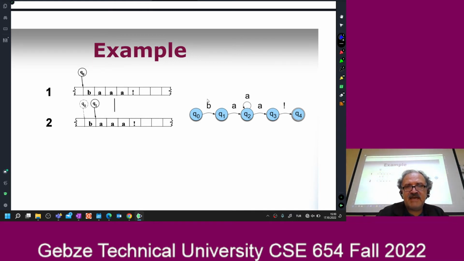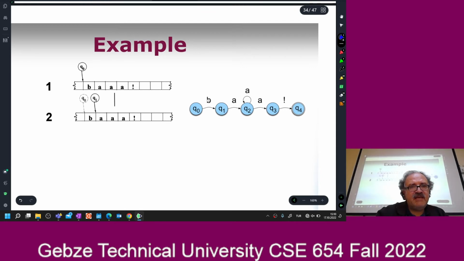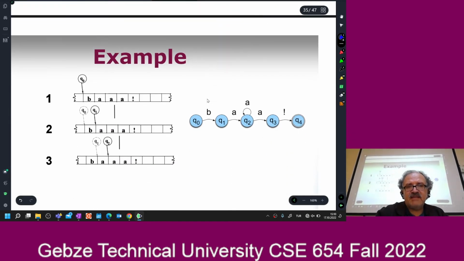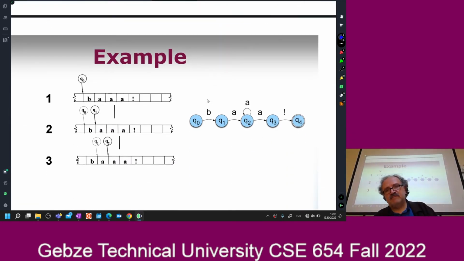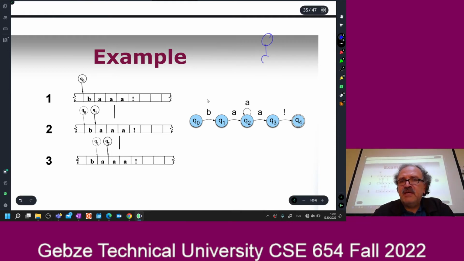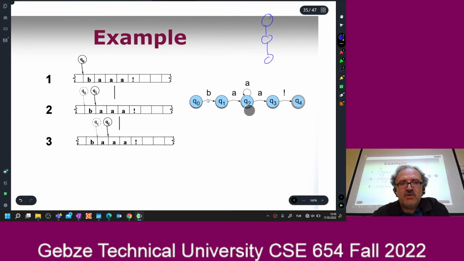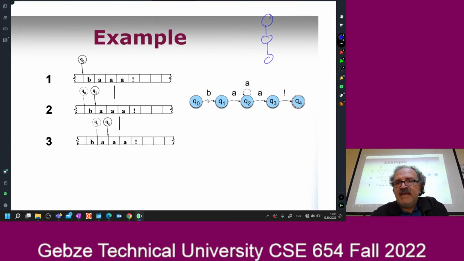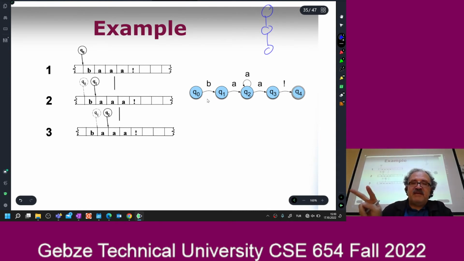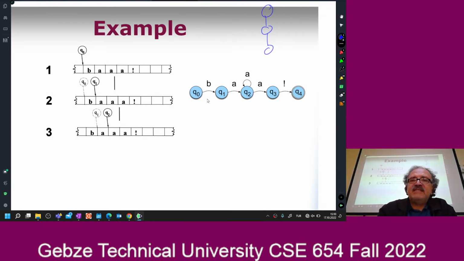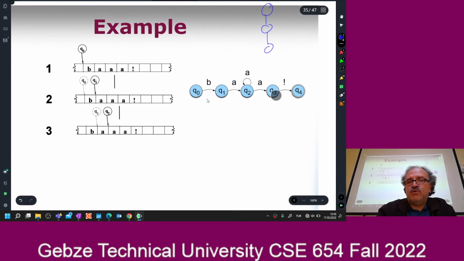Now in the second case, I am at Q1, and I am reading another A. Again, it will be like this. So it's like a tree, but it started with a single node, another single node, another single node. This time I am at Q2, and I'm going to read an A. I have two possibilities: I can stay at Q2 or I can go to Q3.